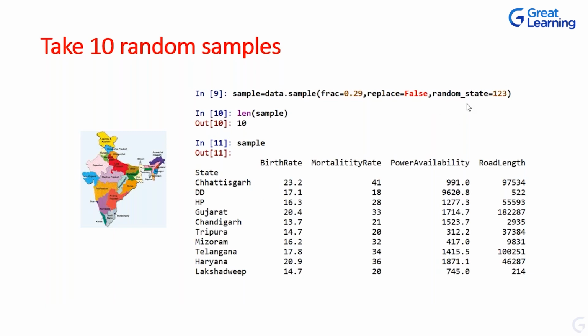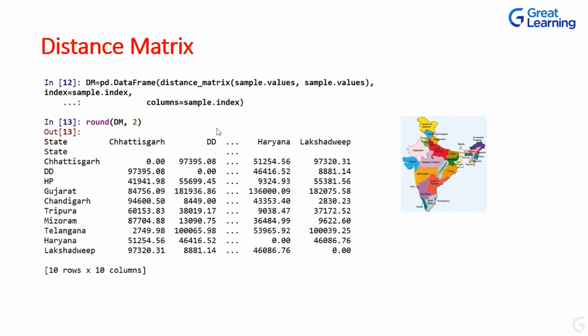So we will feed one random state, which is here. And these are the states: Chandigarh, Daman and Diu, Himachal Pradesh, Gujarat, Chandigarh, Tripura, Mizoram, Telangana, Haryana, Lakshadweep, and we will make a distance matrix.